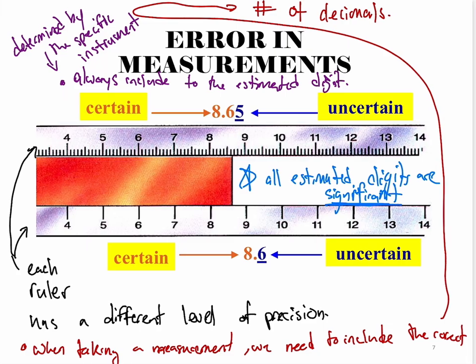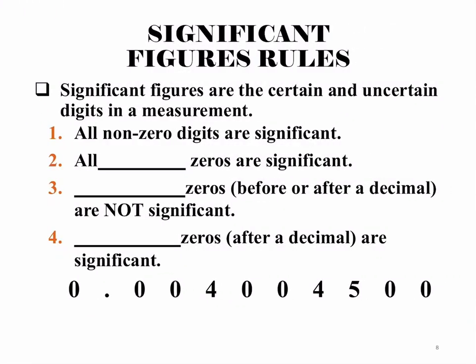Okay, so that leads us then to significant figures, right? And so significant figures are going to be related to the uncertainty or the certainty in a measurement that you take, right? And so these are rules for how many decimal places do we keep and how certain or uncertain are we in that number, right?